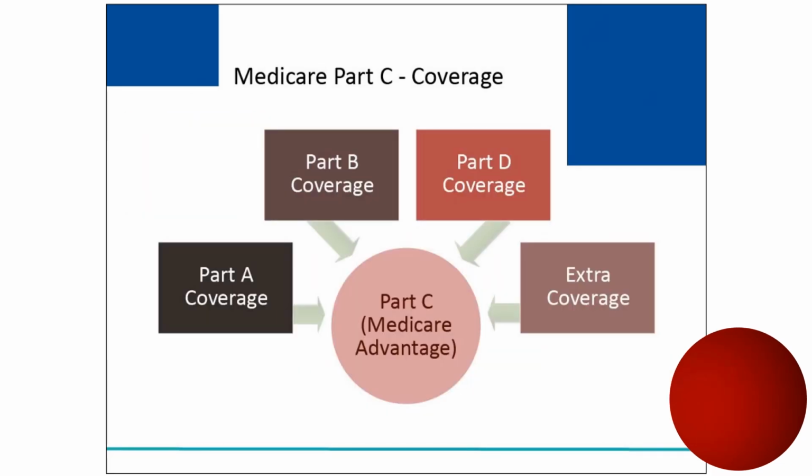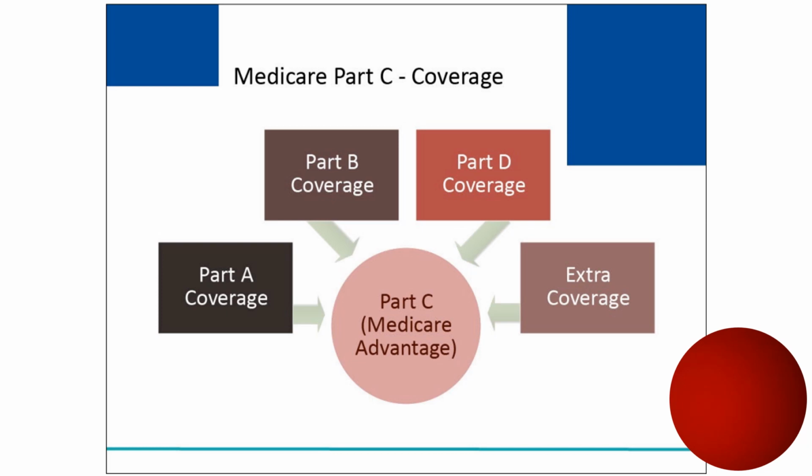Medicare Part C coverage. Medicare Part C or Medicare Advantage plans provide an alternative to coverage under original Medicare. Medicare Advantage is a health plan option similar to that of an HMO or a PPO. Medicare Advantage plans provide all of a person's Medicare Part A and Part B coverage. This means that each Medicare Advantage plan must cover at least all of the services original Medicare covers.